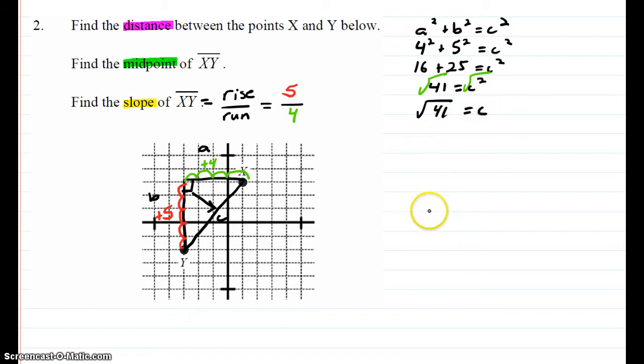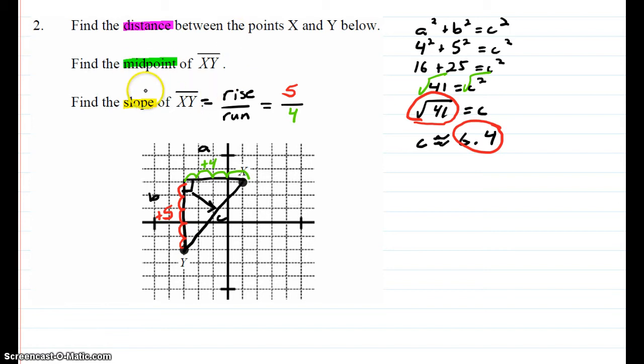And depending on the possible choices for a multiple choice, we know that this is approximately about 6.4, because the square root of 36 is 6, the square root of 49 is 7, so it's closer to the 6, so I'm going to say 6.4. But depending on the multiple choice answers, it could either be the square root of 41 or, written as a decimal, about 6.4.